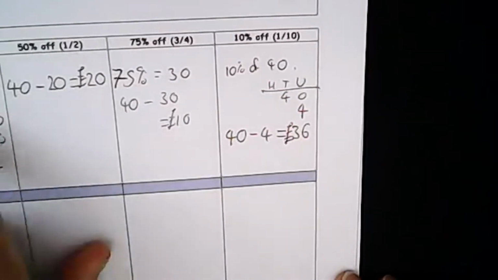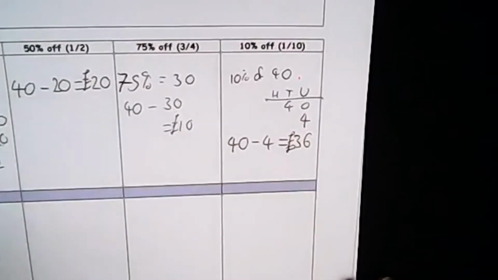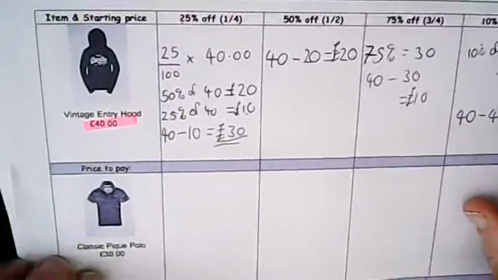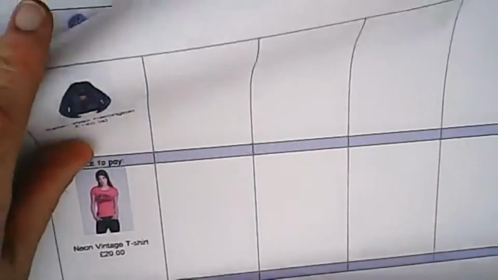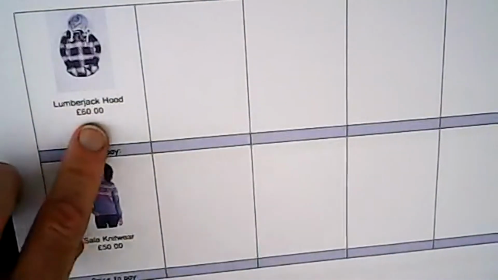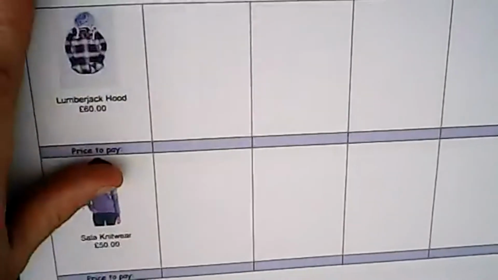Okay, so that's our discount sorted. Now to finish off, we've got lots of these to do, but if you notice these numbers, £40 for the hoodie, £30 for the t-shirt, £140 wax jacket, £20 t-shirt, they're all easy numbers to deal with.